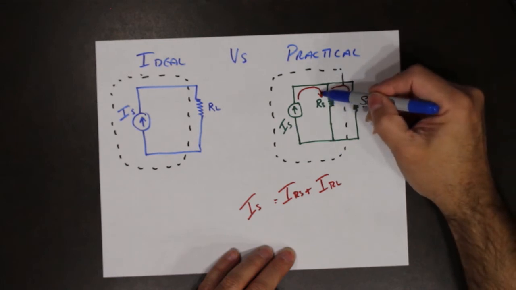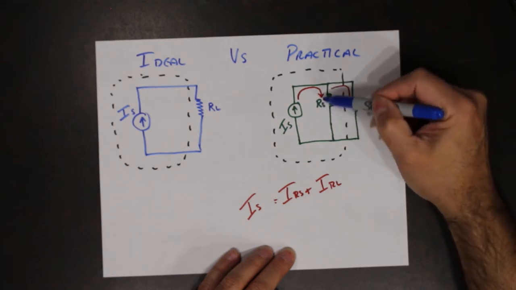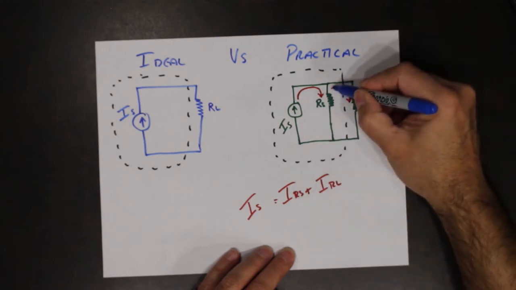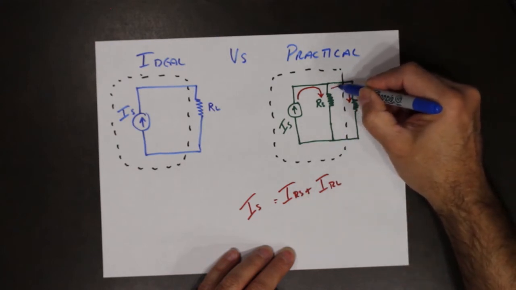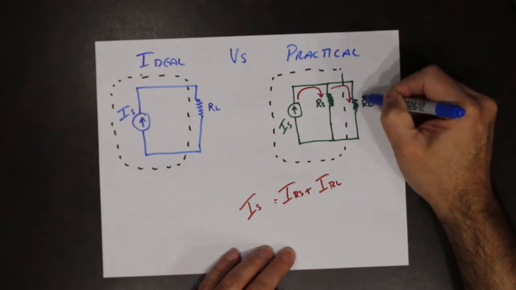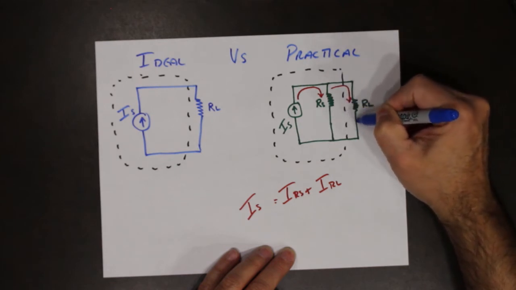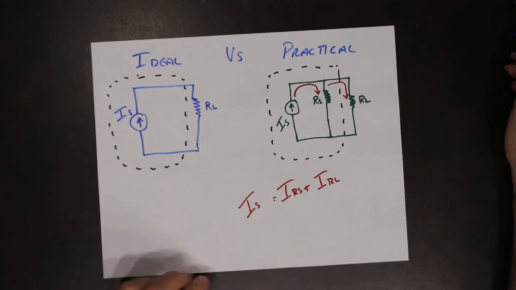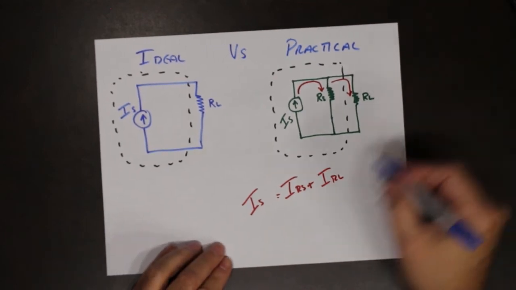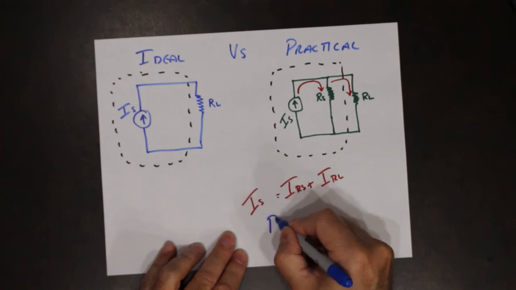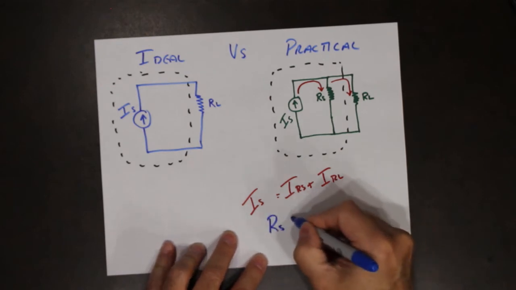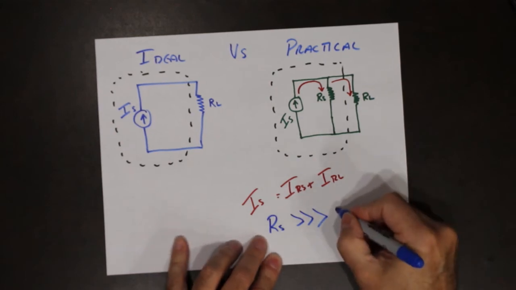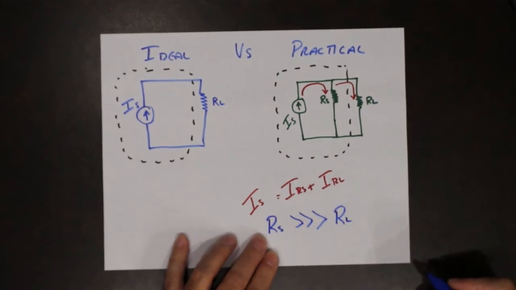We want to limit how much goes this way, how much we lose, so that we can maximize how much goes this way and retain a large value of current going through that resistor. So basically, in order to do this, RS must be a lot larger this time than RL.